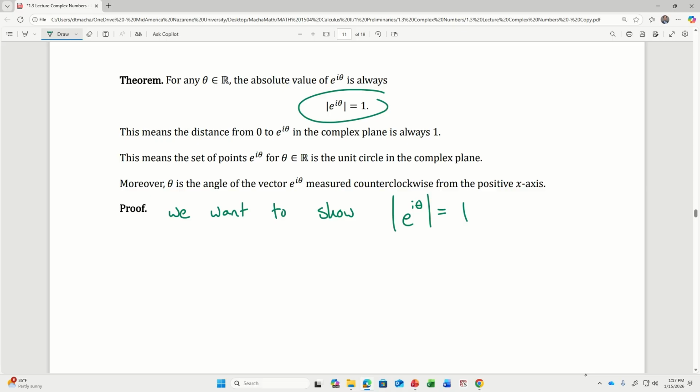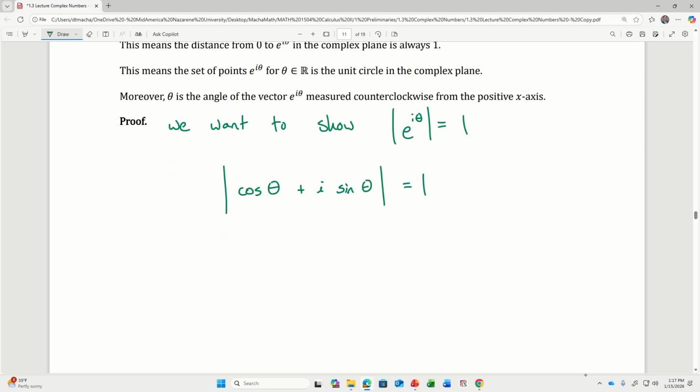So we want to show that the absolute value of cosine theta plus I sine theta is equal to 1. Well, do you remember our absolute value formula? Our absolute value formula says take the square root of the real part squared plus the imaginary part squared. Square both sides.